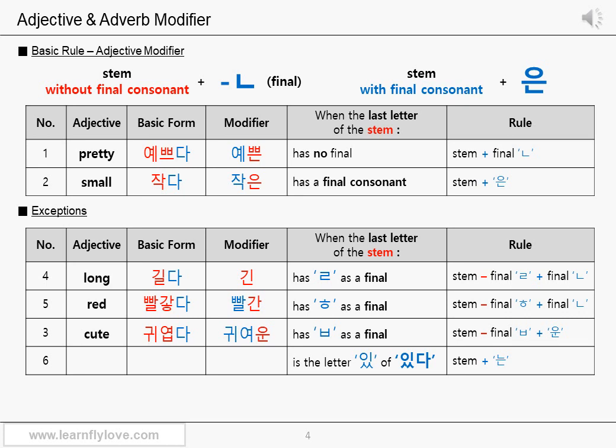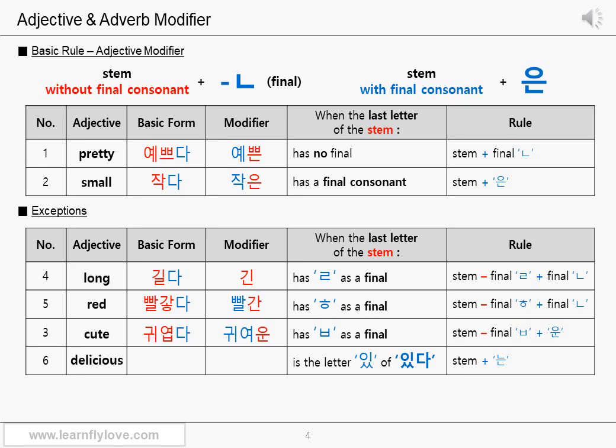It's actually plus the final consonant n. Remember that. This rule applies when you add the yo sound to an adjective which has the b consonant as a final in the last letter of the stem. So it's very important. Don't worry, you'll see this kind of adjective quite often from now on.